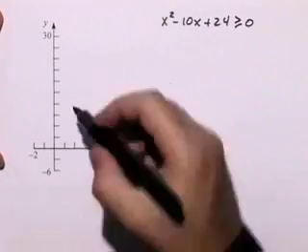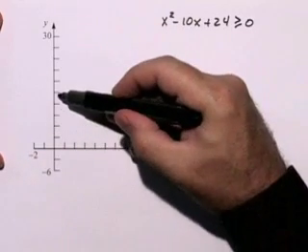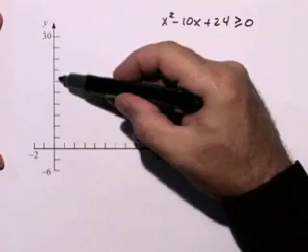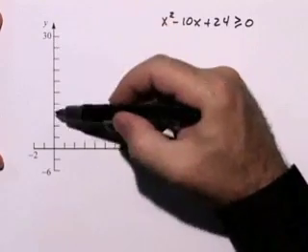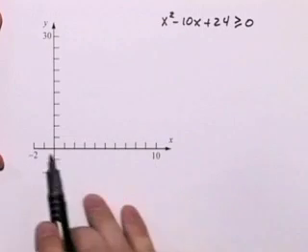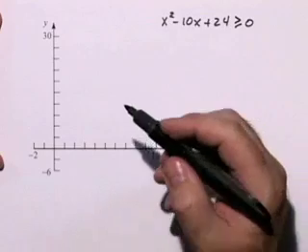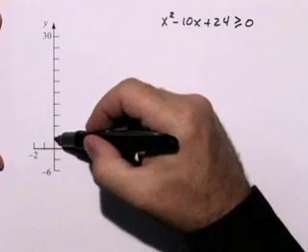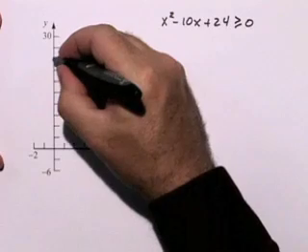We're going to use those points to sketch a graph. We'll plot our intercepts. We first notice the scale that we're using: we have 1, 2, 3, 4, 5, 6, 7, 8, 9, 10 tick marks. We're going up to 30, so each of these tick marks represents 3 units. Along the x-axis, each tick mark will represent 1 unit. We want to plot the y-intercept, which is at 24, so we need 8 tick marks. 1, 2, 3, 4, 5, 6, 7, 8.